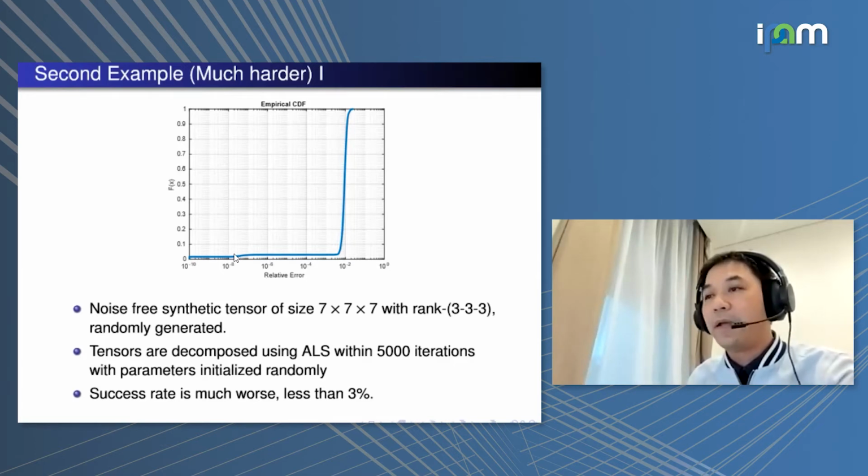What we see here is that the success rate is much lower. It's only 3%. Only 3%. So it's nearly impossible to get a perfect decomposition for this relatively small tensor with also small rank. So how can we deal with this problem? We will show you later.